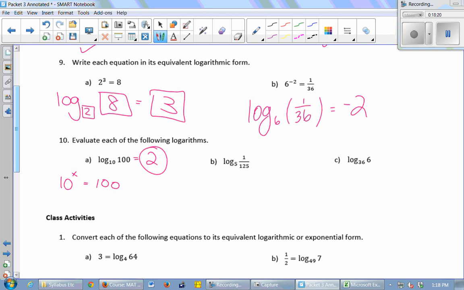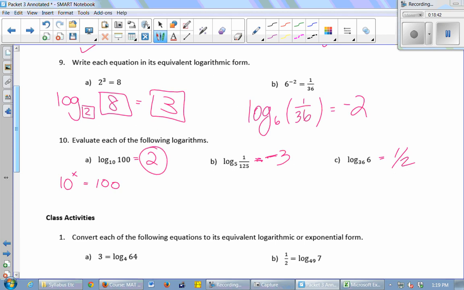What power do you raise 5 to make 1 over 125? -3. It's got to be negative, yeah, to flip the fraction. And 5 cubed is 125. What power do you raise 36 to make 6? A half. Yeah.